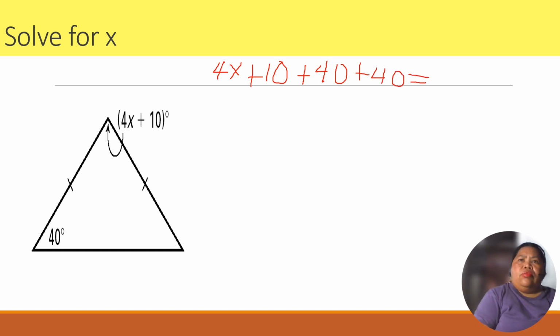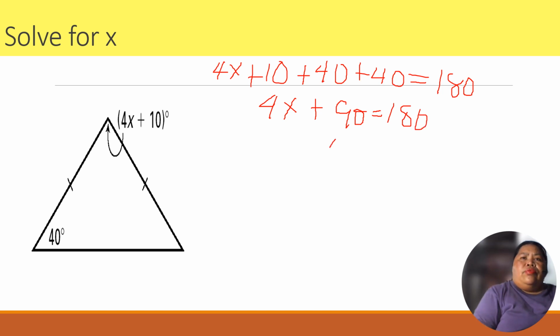That is equal to 180. Or sometimes we just do 2 times 40, that's 80. So 4x, plus 10, plus 80, which is 90, equals 180.